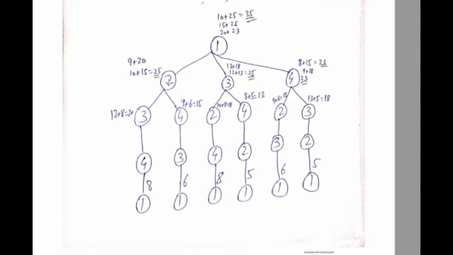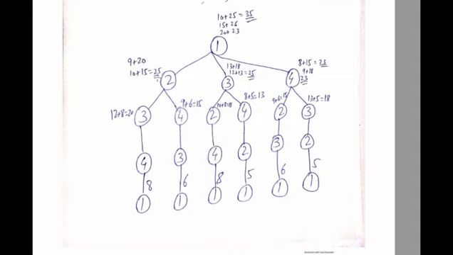Here you can see that if the salesperson is at the vertex 2, then we will check the distance. What is the distance from 2 to 3? And we will add this 20 into it. So 2 to 3 is 9. 9 plus 20, 29. 2 to 4 is 10. 10 plus 15, 25. So 25 is minimum. We will take the minimum one.